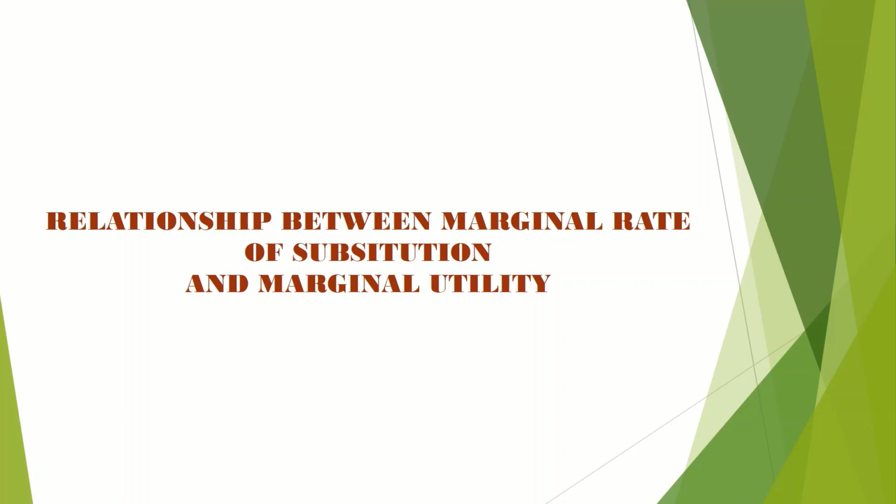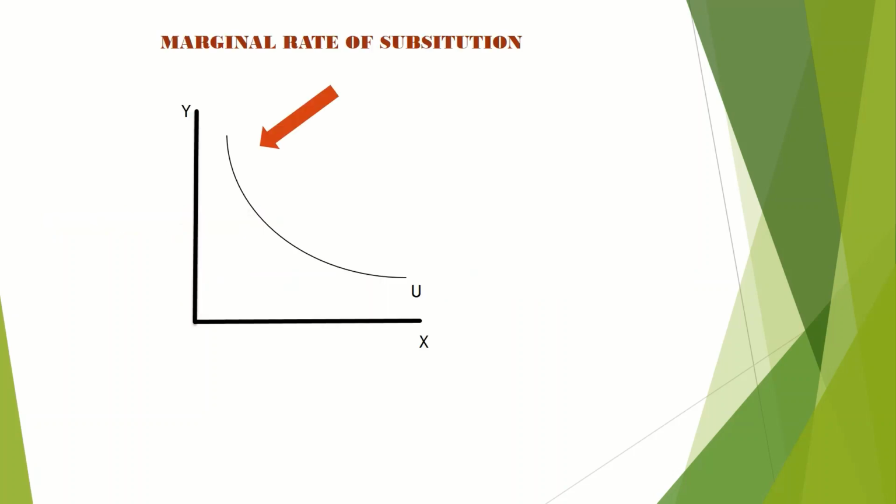In this video, I'm going to show mathematically how you can show that the marginal rate of substitution is equal to marginal utility, that is marginal utility of good x and good y. Marginal rate of substitution is the slope of an indifference curve.